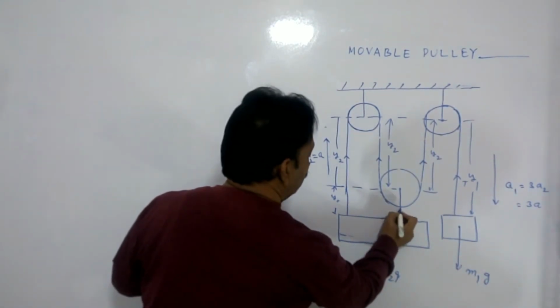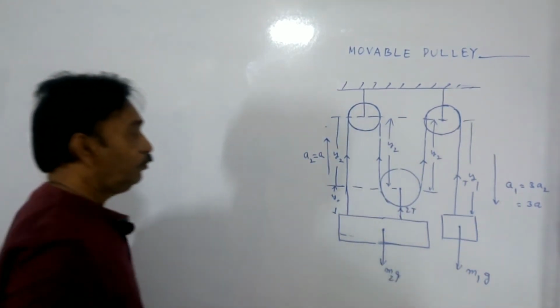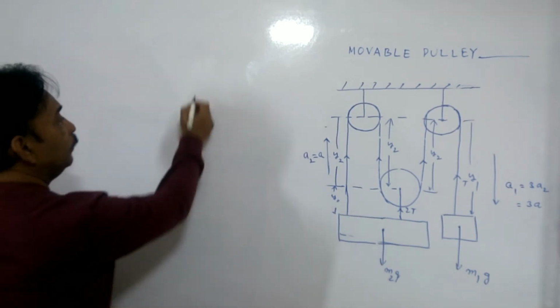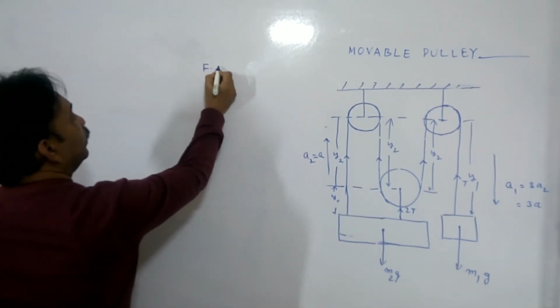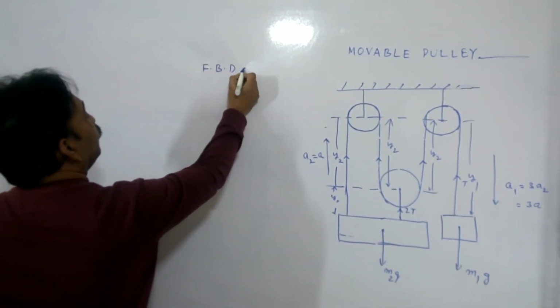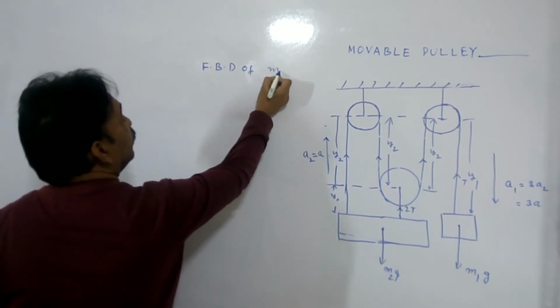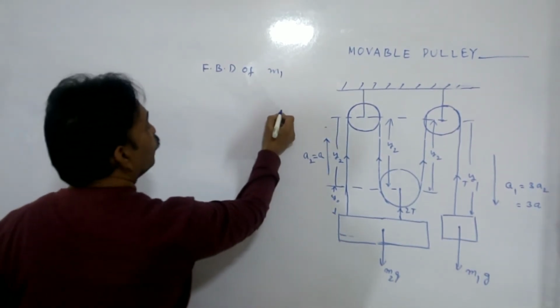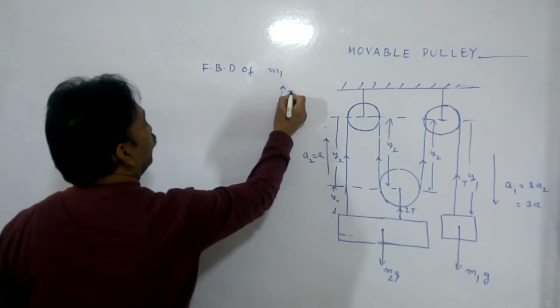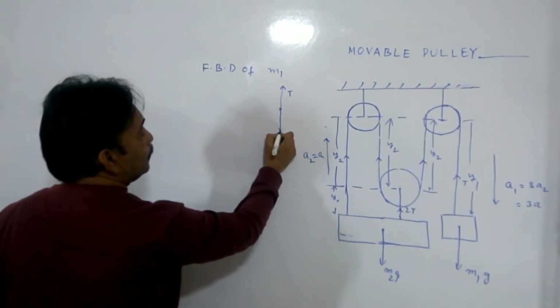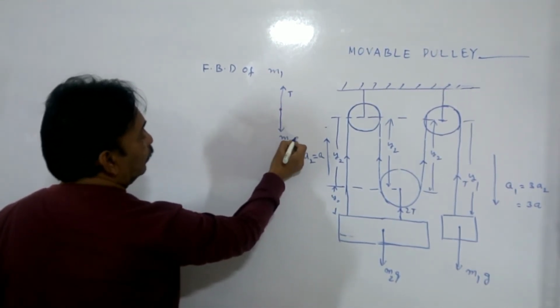Okay, obviously it is equal to 2T. Okay, let's take the FBD of M1. What you get is the tension, and it is the weight.